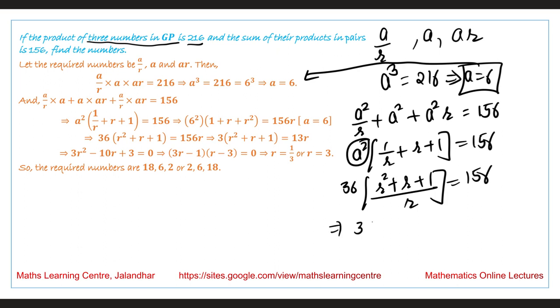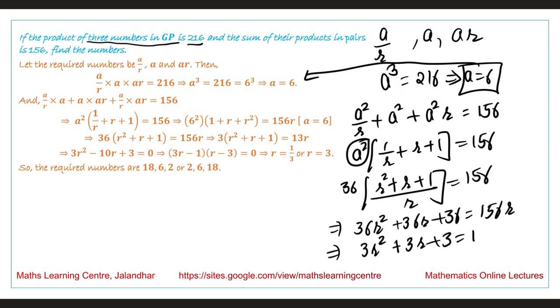This implies 36r² + 36r + 36 = 156r. If we divide by 12, we obtain 3r² + 3r + 3 = 13r, so 3r² − 10r + 3 = 0.